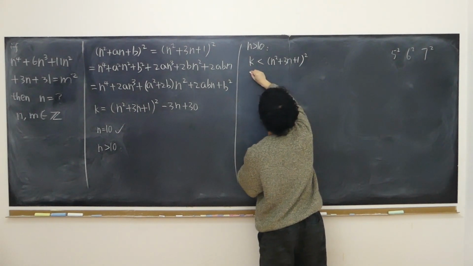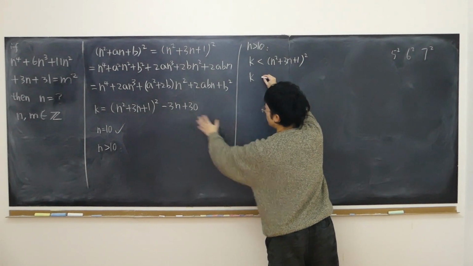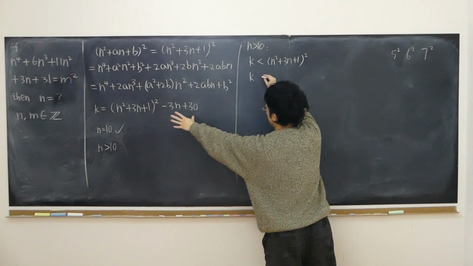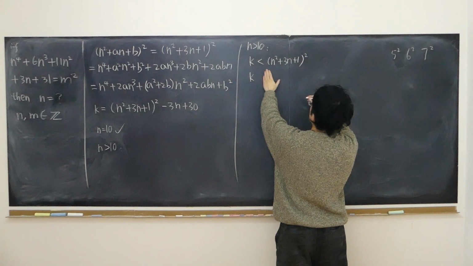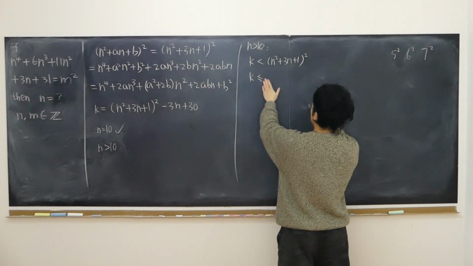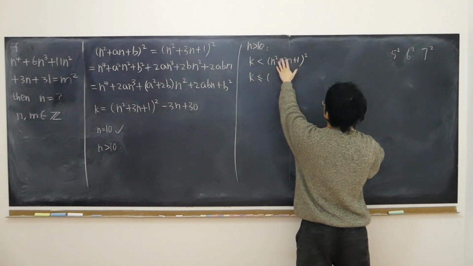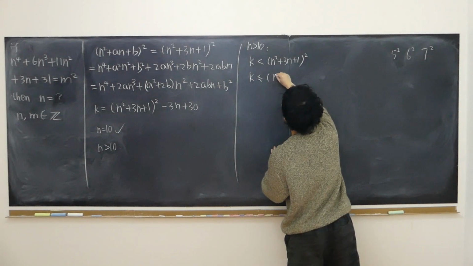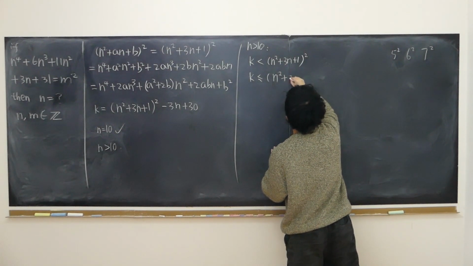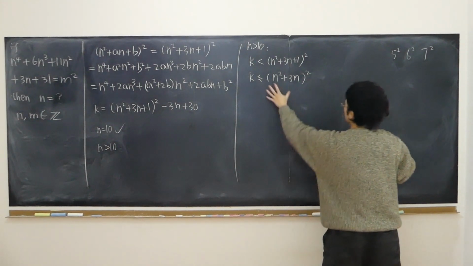In other words, for k to still be a perfect square, first of all, it's strictly less than this. Then that means it is less than or equal to the previous perfect square. So that means n squared plus 3n plus 1 minus 1, quantity squared, right?